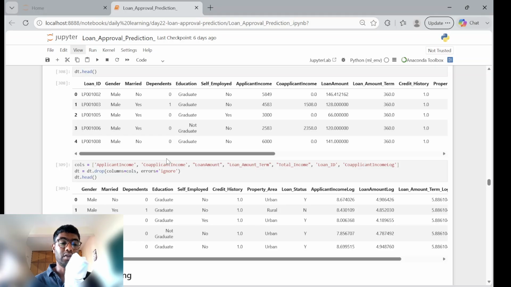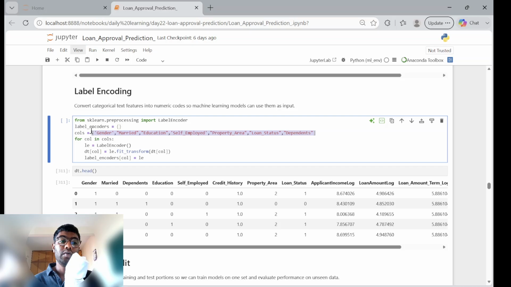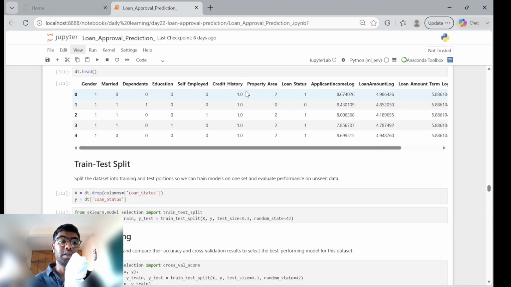Let's say a person with 5 lakh rupees income might seek a loan amount of 3 lakhs, while a 10 lakh income person might seek a loan of 3 lakhs, right? So you understand the dependency there. So label encoding is another thing where we can convert certain features which are of categorical type to numerical values. So that's one thing that we are doing here.